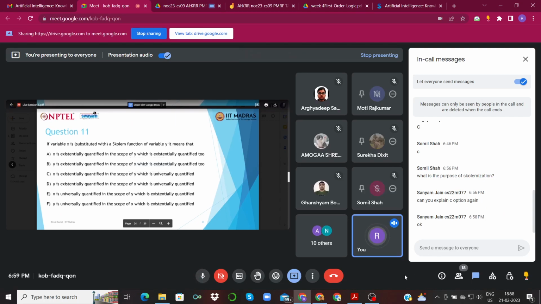Okay, moving on to the next question, which is about a Skolem function. We saw a Skolem constant in the previous question. Now it's about a Skolem function. It says that if variable x is substituted with a Skolem function of variable y, it means that, which of the following options do you think?